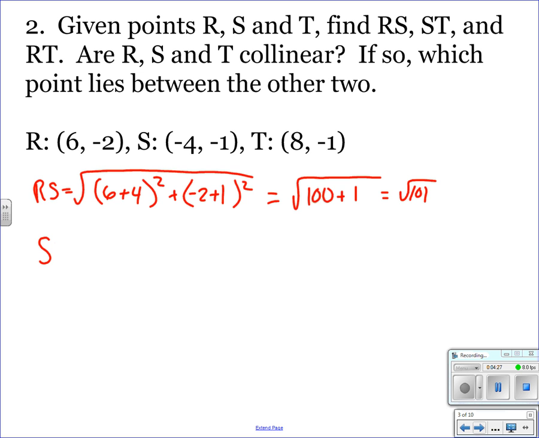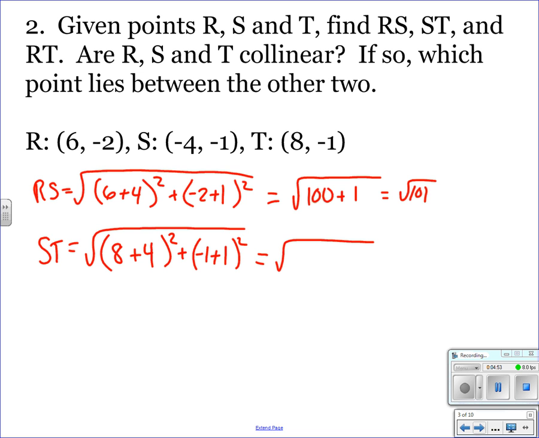Now do ST. Something squared plus something else squared. Okay, ST: 8 minus a -4 and -1 minus a -1. So 8 plus 4 is 12. 12 squared is 144. -1 plus 1 is 0. 0 squared is 0.